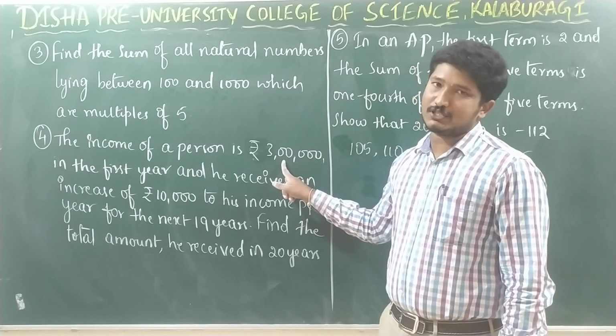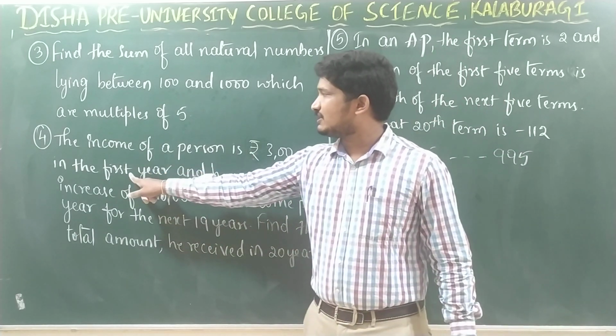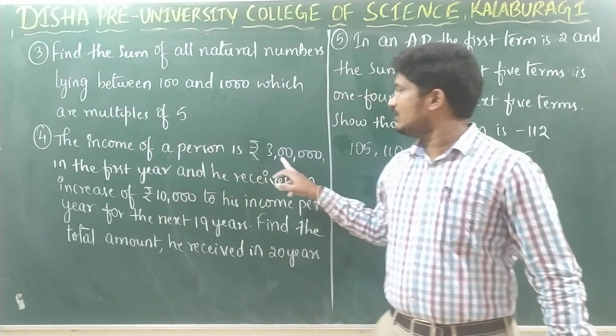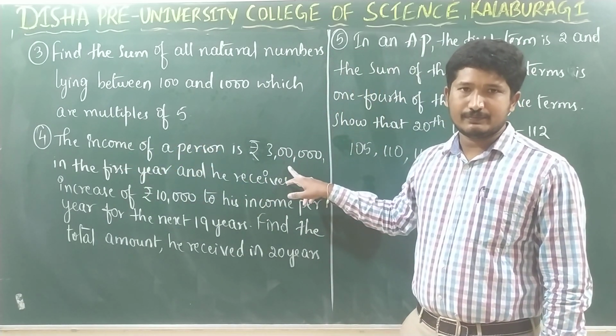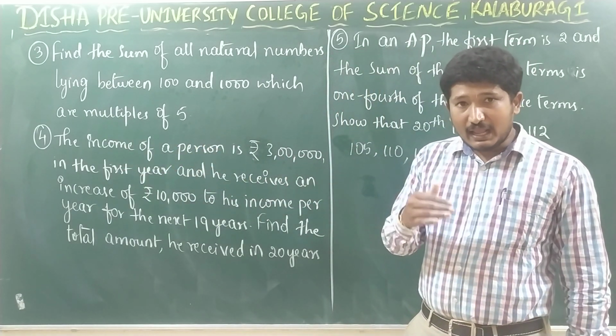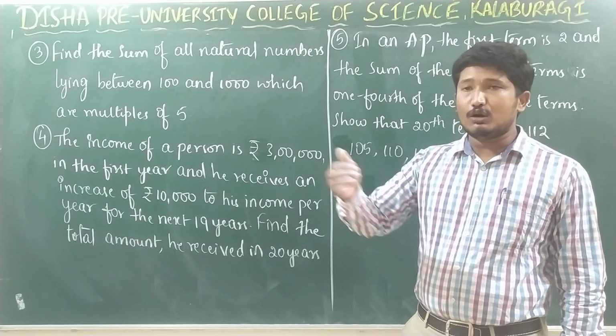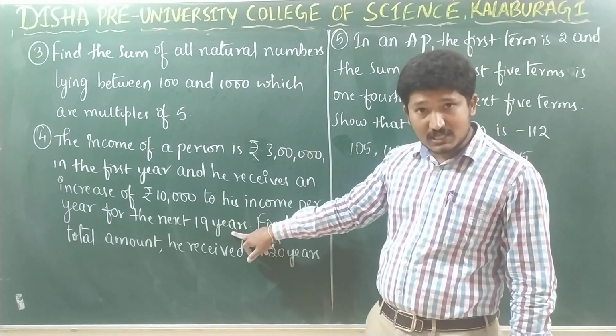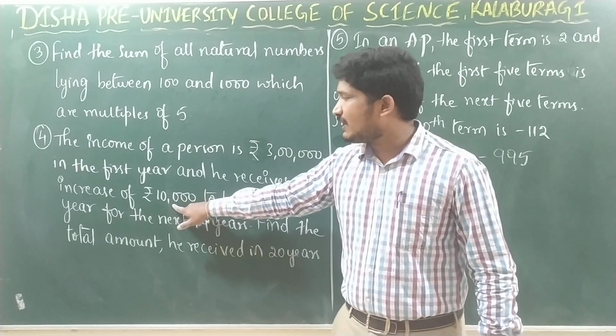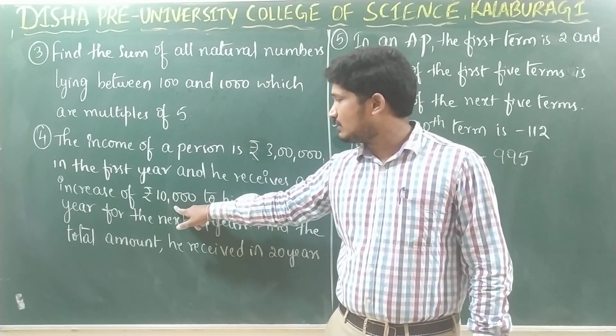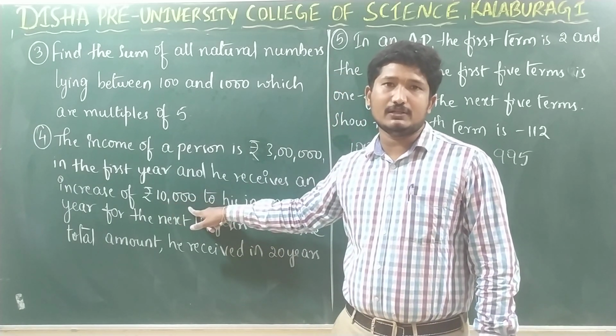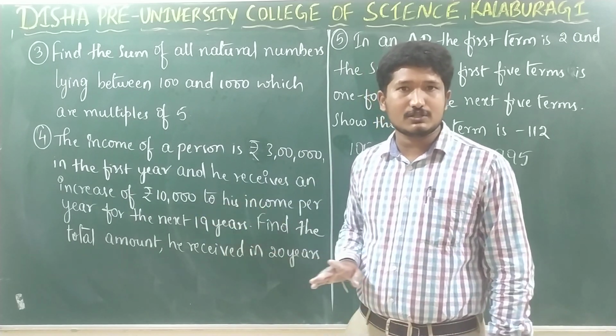We are given the first term, that is, in the first year his income will be 3 lakh rupees. And for the next 19 years, every year there will be an increase of 10,000 rupees. So this becomes the common difference.